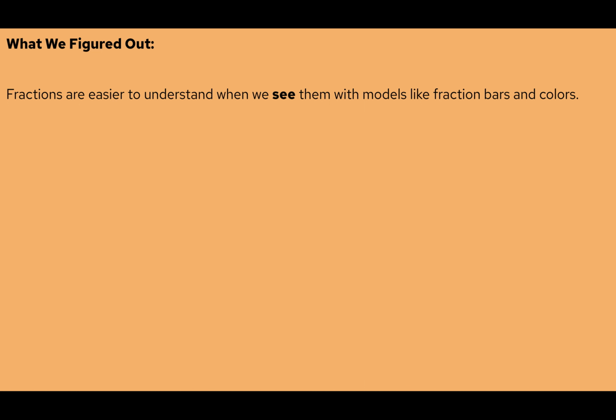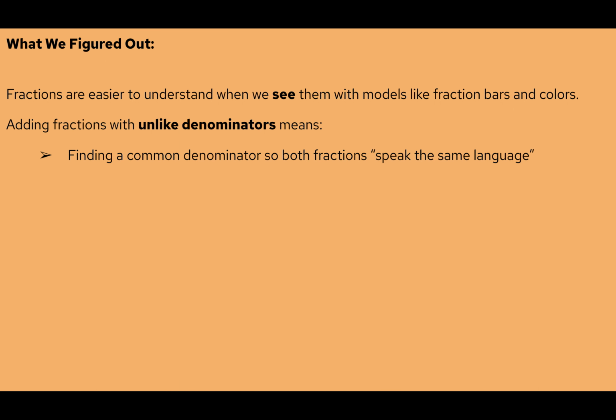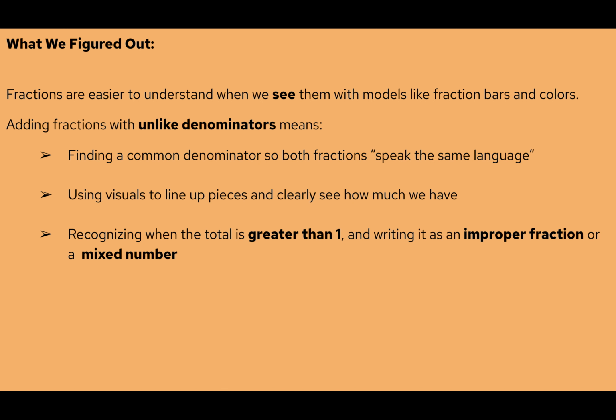So what did we figure out? Well, fractions are easier to understand when we can see them with models like fraction bars or candy bars and colors. And adding fractions with unlike denominators means we need to find a common denominator so both fractions speak the same language. Using visuals to line up those pieces and clearly see how much we have, that helps.